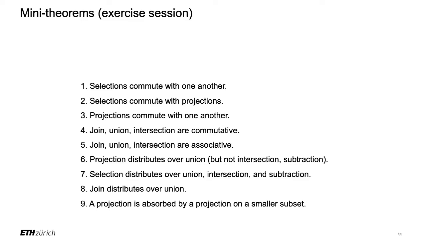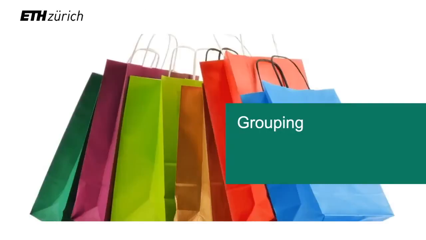So when we say a projection is absorbed, it means that it disappears. So if you project and then project on a smaller subset, then it goes away. But again, here I'm throwing plenty of very scary theorems at you, maybe it's not obvious that it applies and so on, but you'll work on that in the exercises. So let's consider them as homework. All right.